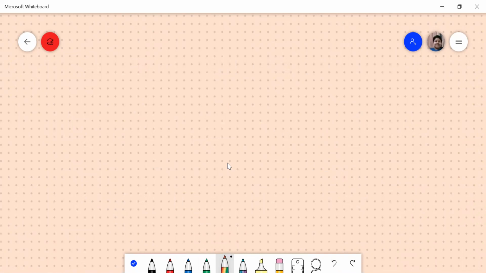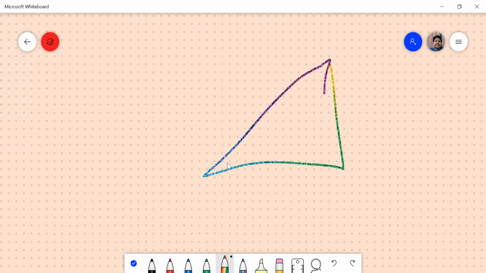So, as I told you, when we have a right angle triangle and two other angles, this is the theta.